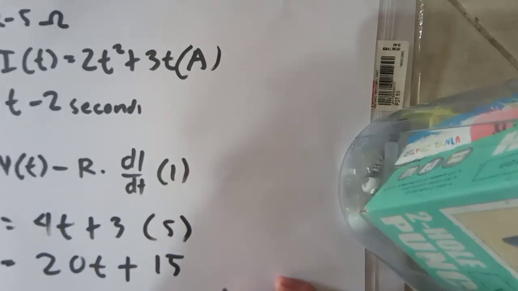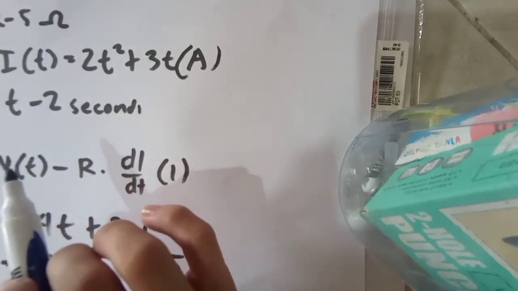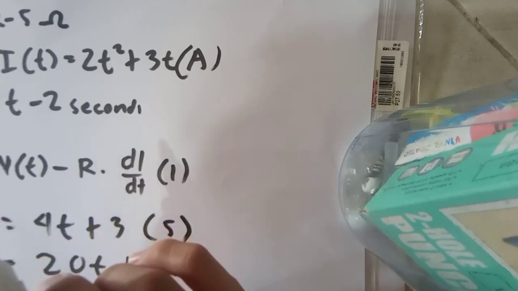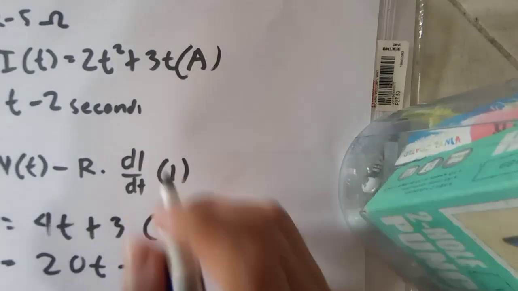Now we can substitute the t value in this equation, which is 2 seconds, to get the voltage running through the circuit.